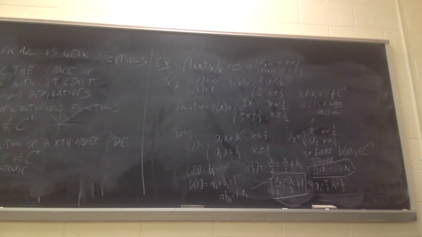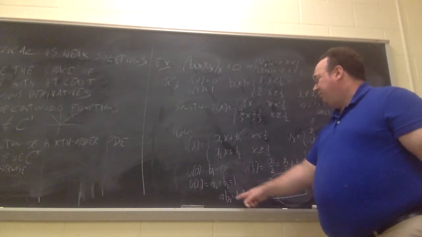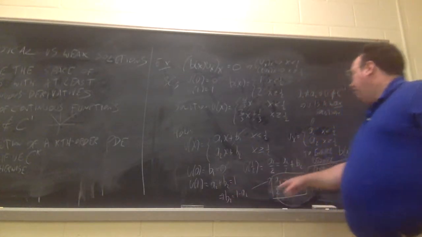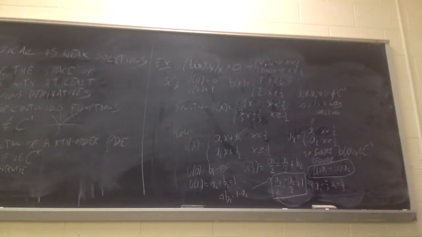Yes, it would be 0 for both, because taking the first derivative wiped out that. Second derivative is continuous, but we need all the derivatives to be continuous up to 2. So it's not in C2 because the first derivative is not continuous, so anything in C2 is also in C1, is also in C0, etc. There's a nesting going on.